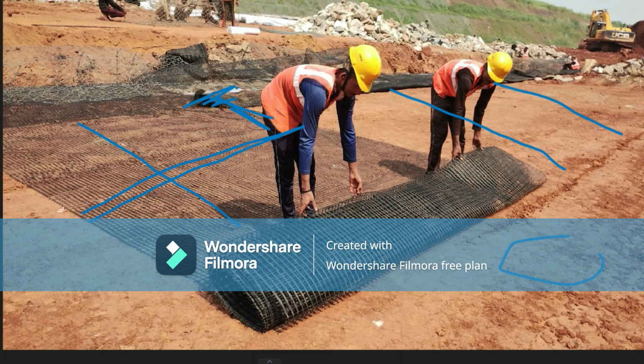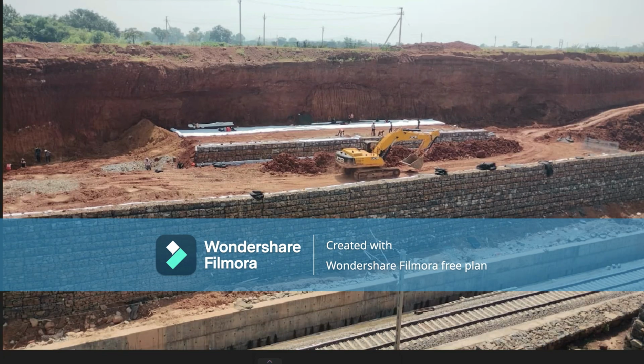After compacting the existing filling material, we provide the geogrid, and then we fill the next layer here again. This is a biaxial geogrid.